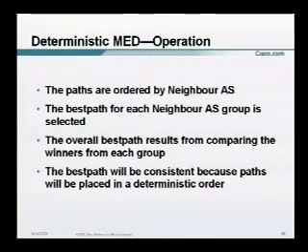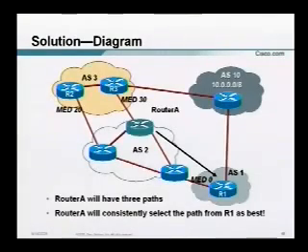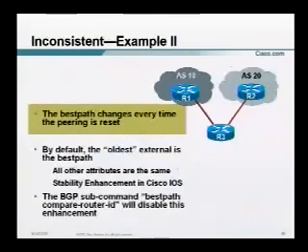But if you see this problem, this is the particular solution to it. Okay? And then, yes, just the diagram, what the solution is. And this time, with that knob applied, the AS1 path is always the one that is chosen, because they're ordered according to AS numbers. So AS1 will beat the 2 AS3 best paths.